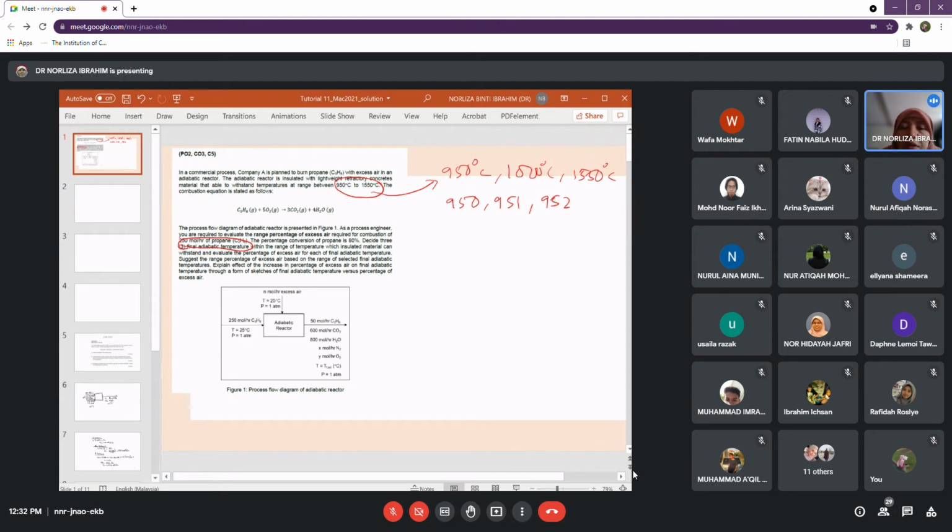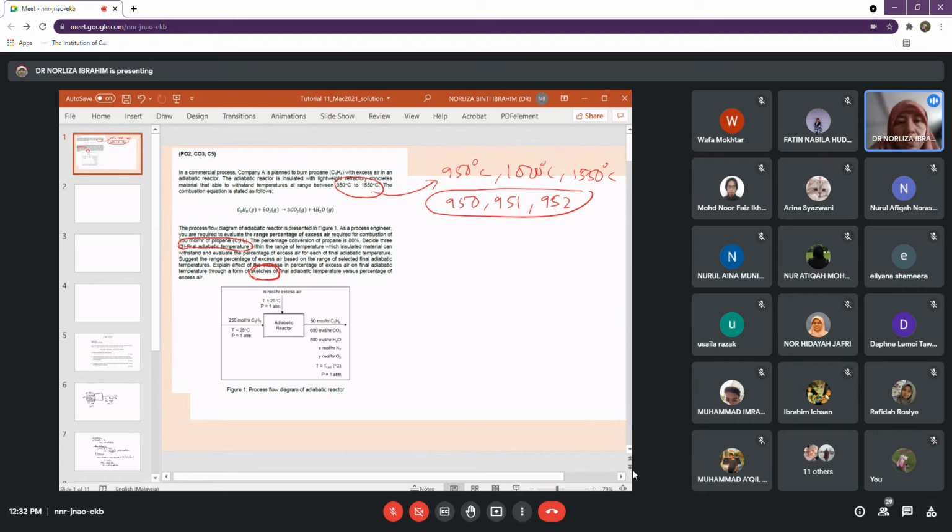not much difference if you choose these temperatures, because in the question you are required to sketch. The bigger the scale, then you can get the pattern. But it's better for you to choose an appropriate range.